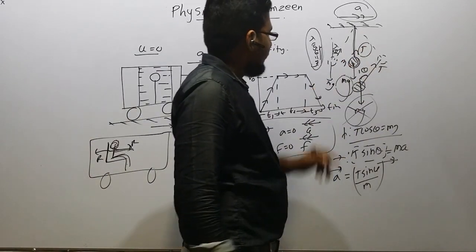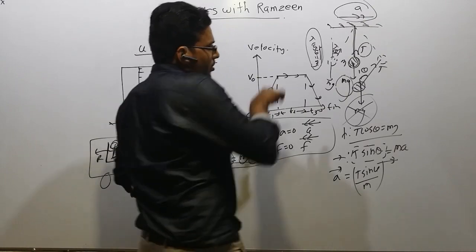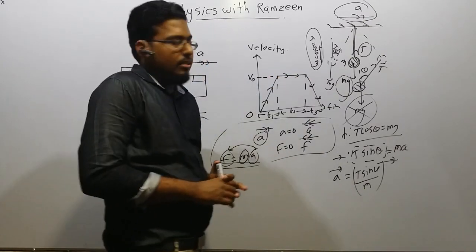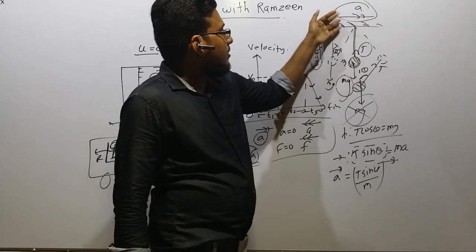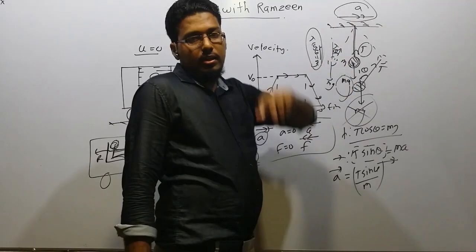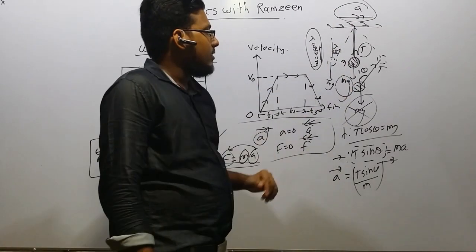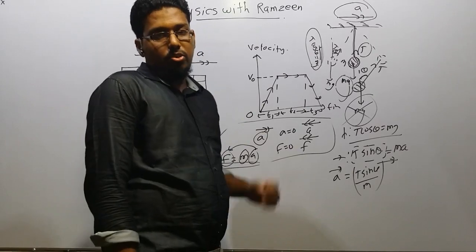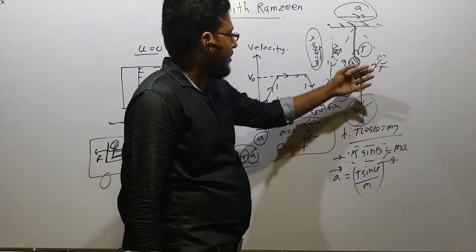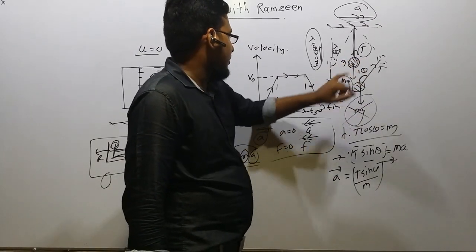Those two are vertical forces. There is no horizontal force acting on the body. Then how can the mass accelerate with the acceleration a in a horizontal direction? It's not possible. So that's the reason the mass comes to this position.